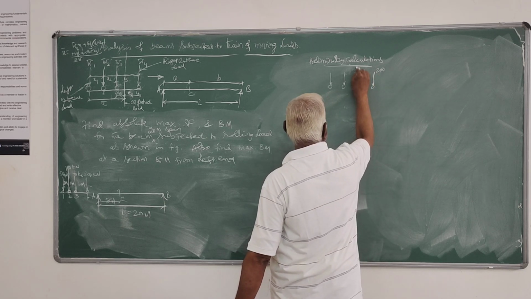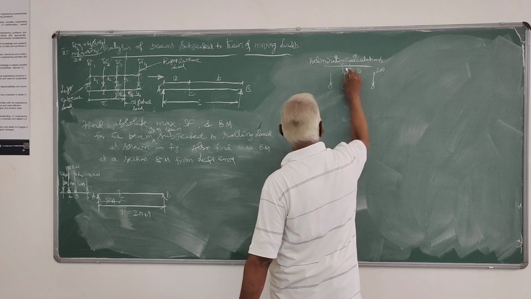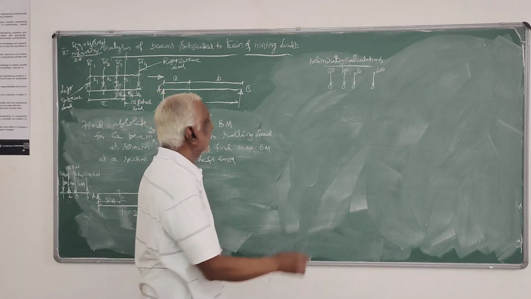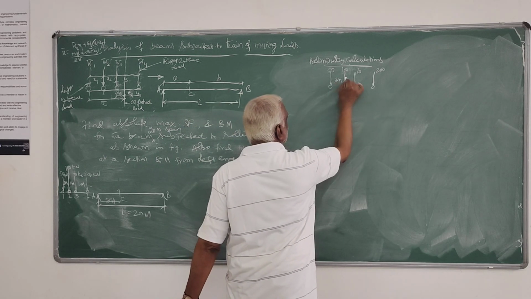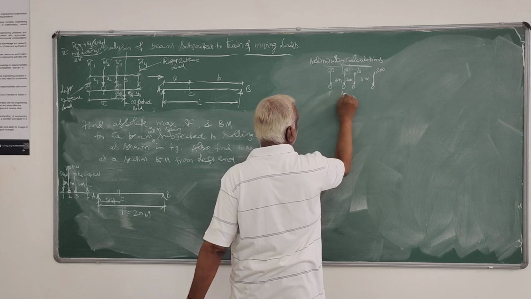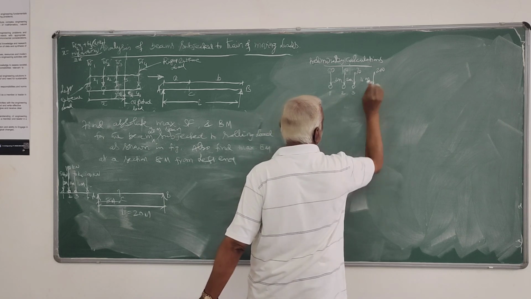This is 200, this is 70, this is 100, 50. And this is 3 meters, 2 meters, 4 meters. This is 1, 2, 3, 4.